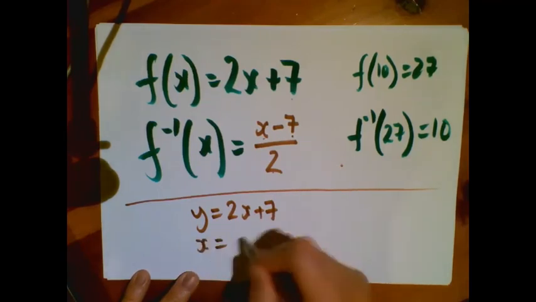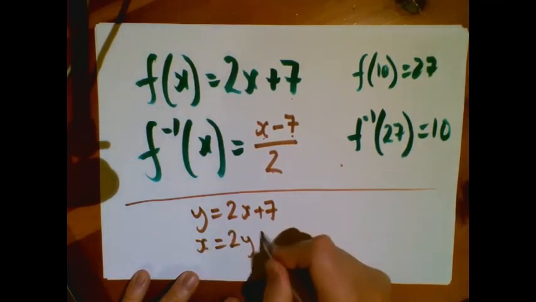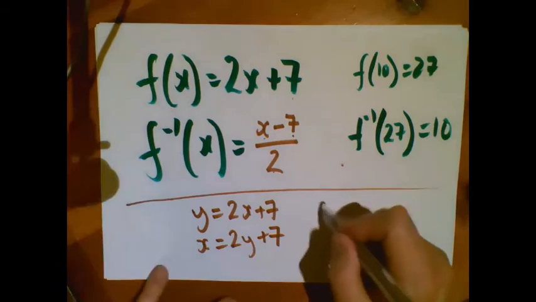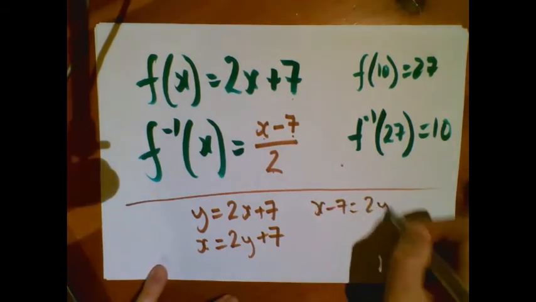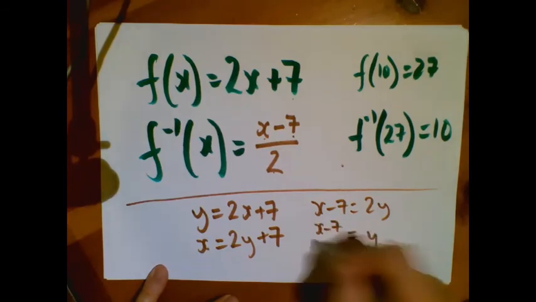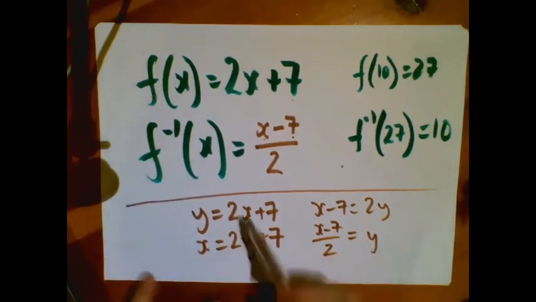To find the inverse function, you can swap the x and y axis over and then rearrange it to make y the subject. Here, if I subtract away 7, I get 2y, and then I divide by 2 to finish off with. This is the longest way, the sort of logical way of finding the inverse if it's not obvious. Let's do another one like this.